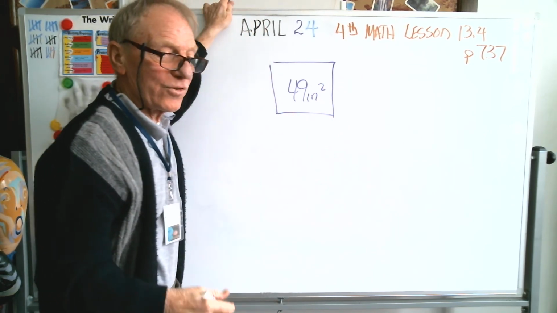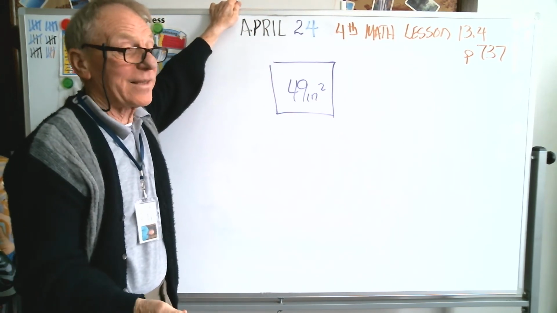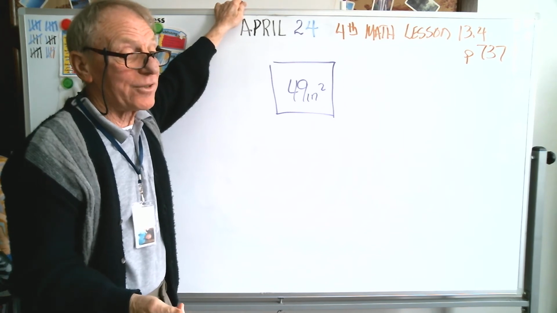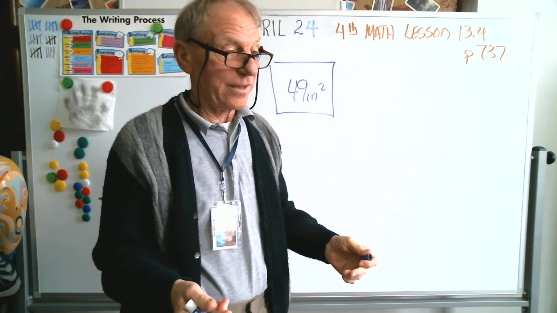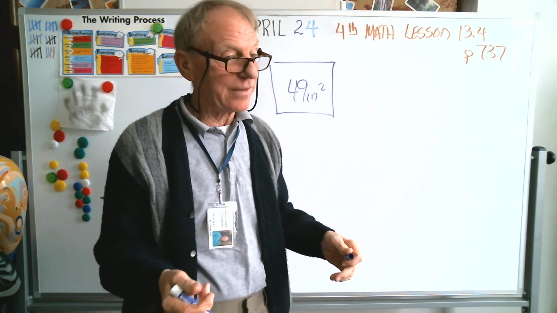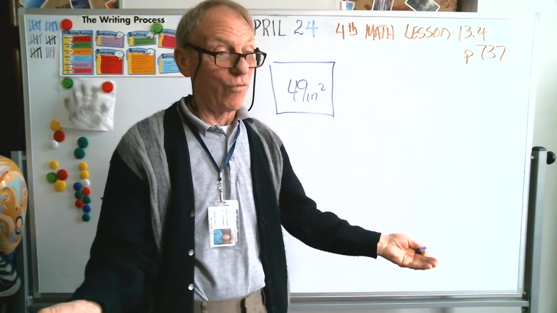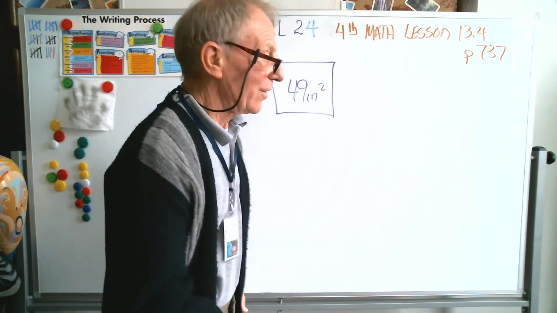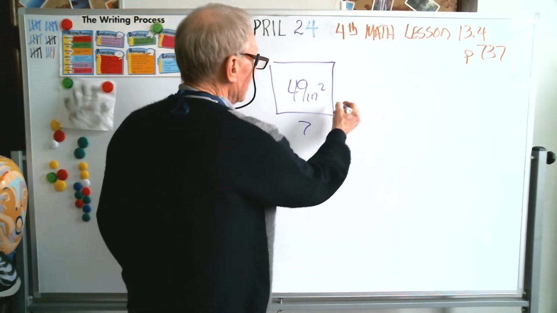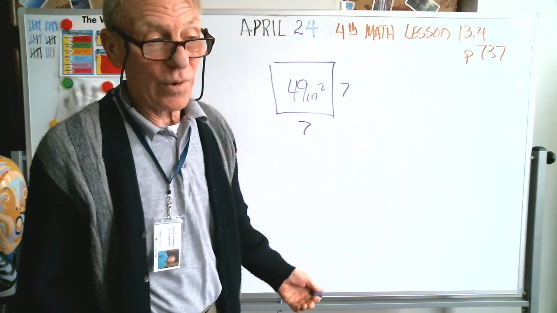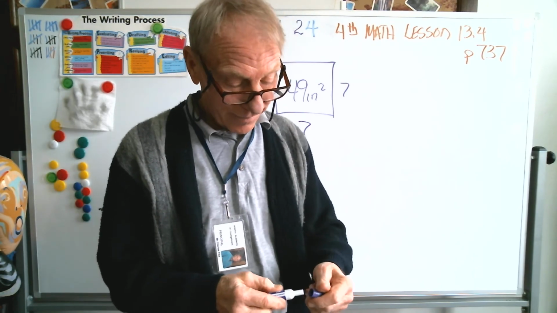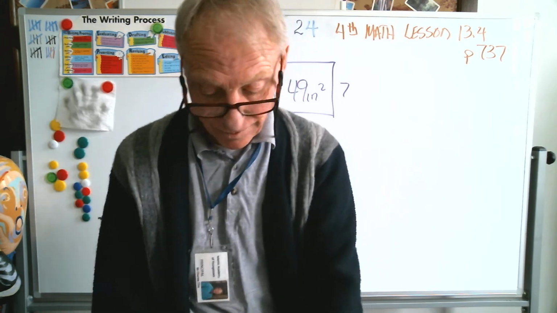And because it's a square, you know that the sides are all the same dimension. So you just go through the numbers. 6 times 6 is 36. 7 times 7 is 49. So you know that your length is 7 and your height is 7. Because 7 times 7 is 49. See? That was really easy.